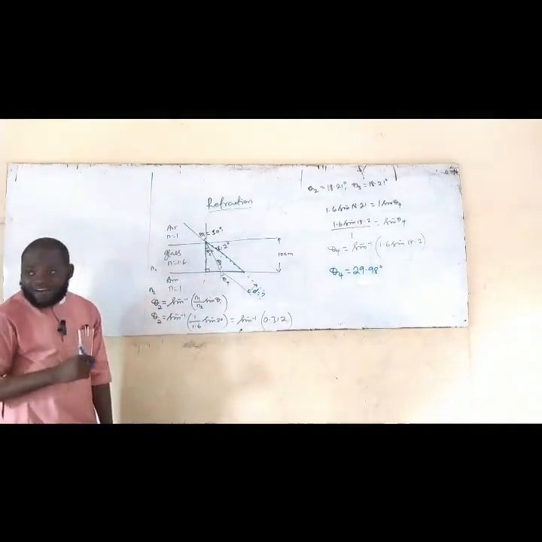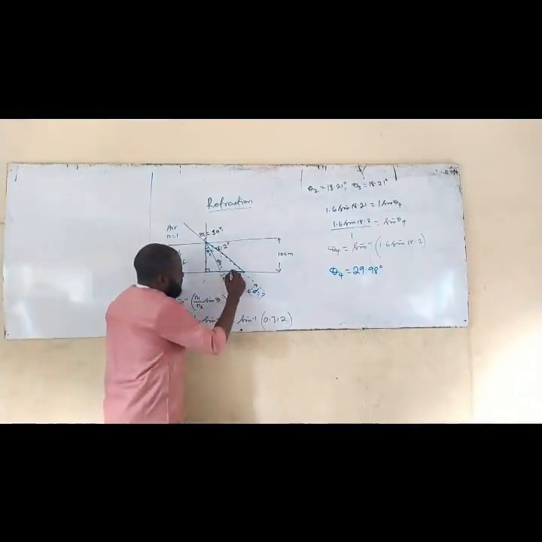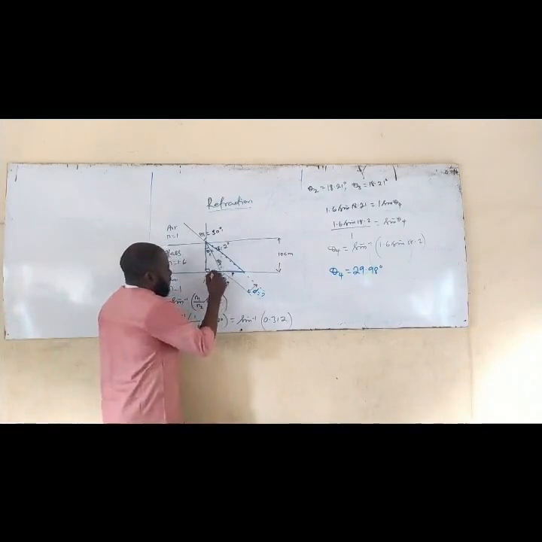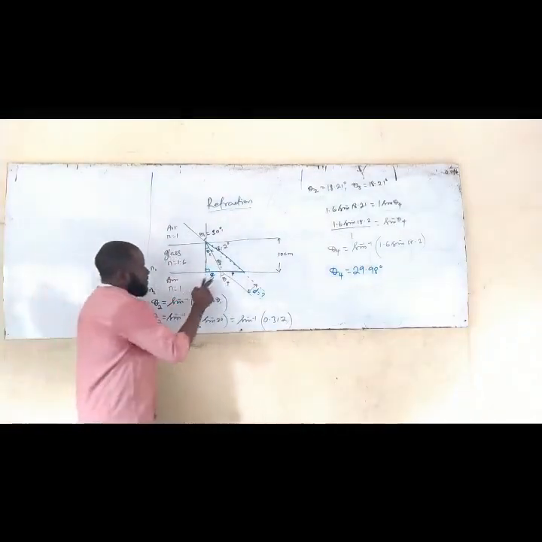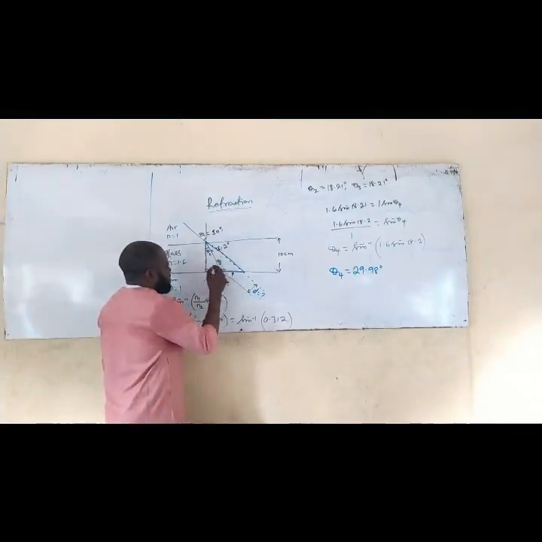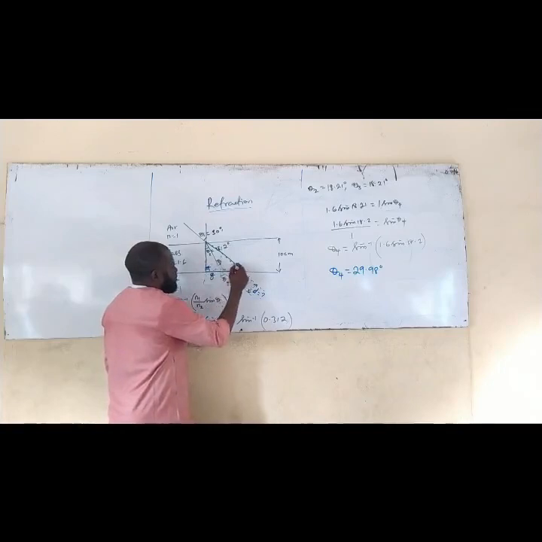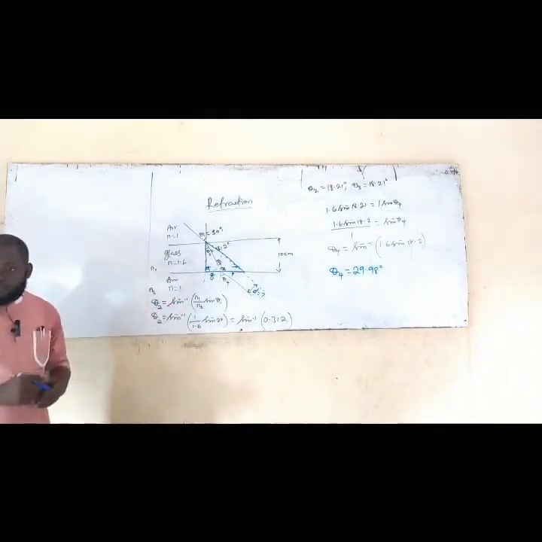Agree? So if I call this one P and this one Q, then Q plus P, from here to this place, let me call it X. Are you guys following?